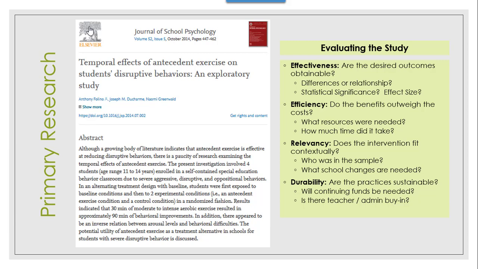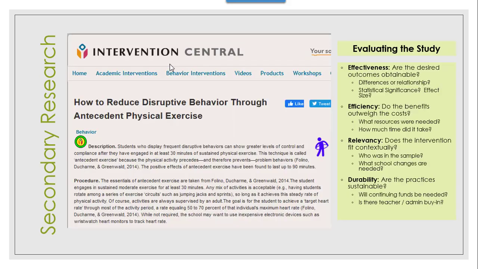Who was in the sample? It was 4 students between age 11 and 14. Now, you don't see that in the secondary version. You don't see that it's only for that age group. They're saying it can be generalized to anybody, right? They're not saying specifically to this one targeted group.